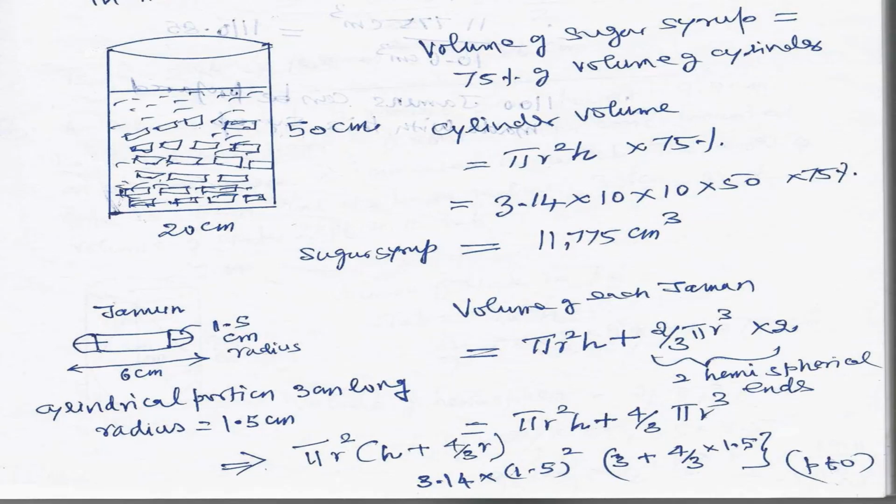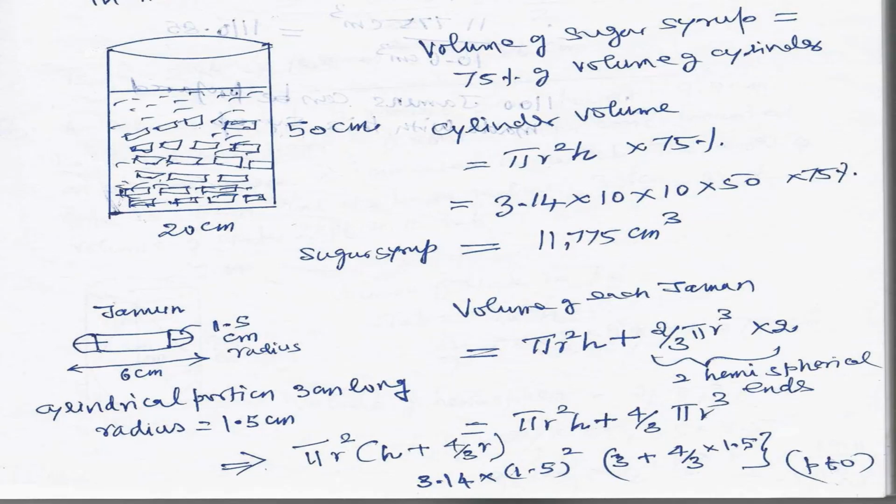Now the jamun is of 6 centimeter length and the cylindrical portion is 3 centimeter long, and two hemispherical ends, each having a radius of 1.5 centimeter. So volume of such jamun is pi r squared h plus 2 by 3 pi r cubed multiplied by 2 for two hemispherical ends.